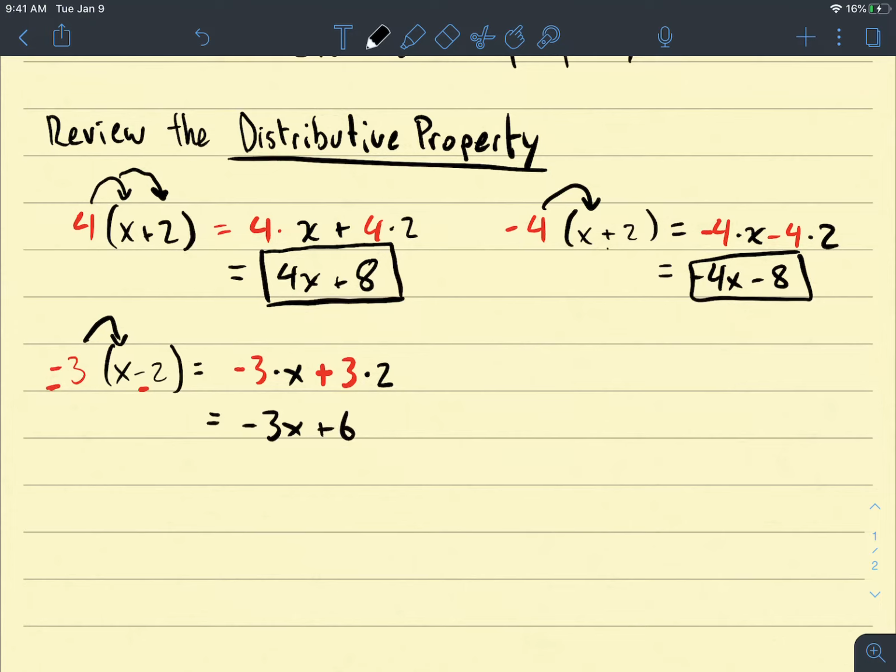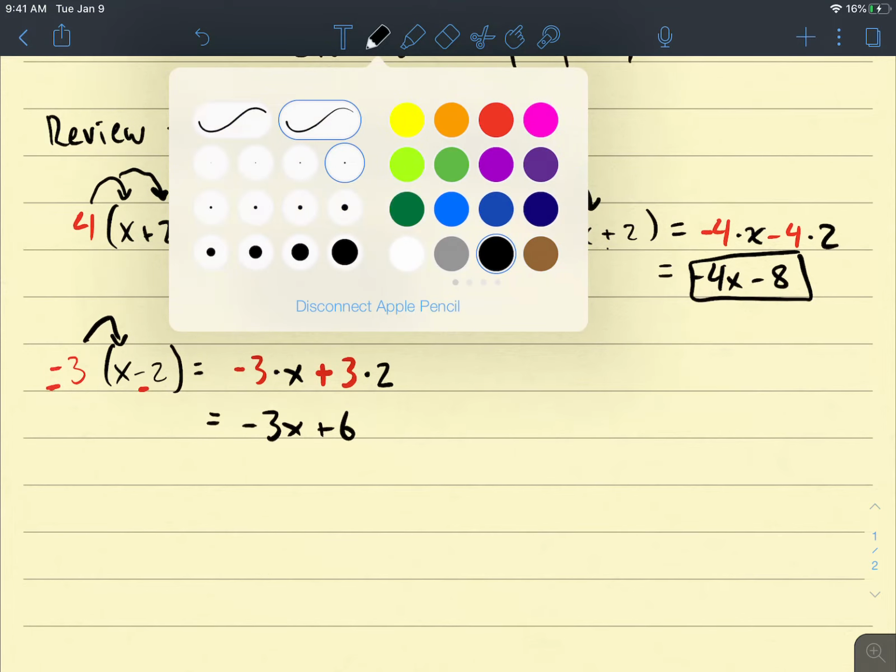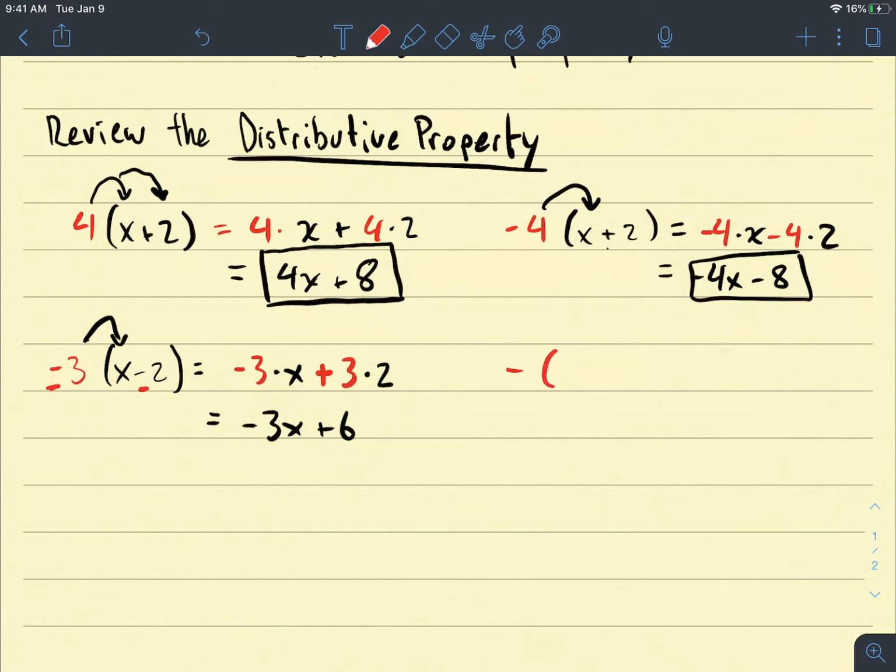Now the last case we're going to show you is what happens if we have something that looks like this: negative x plus 1. What we got to remember is whenever you see a negative outside of a parentheses, we have an invisible 1 here.